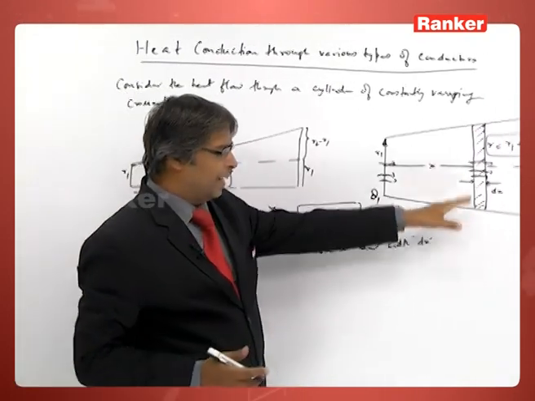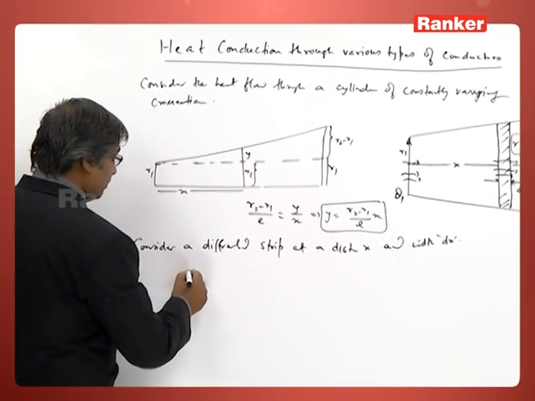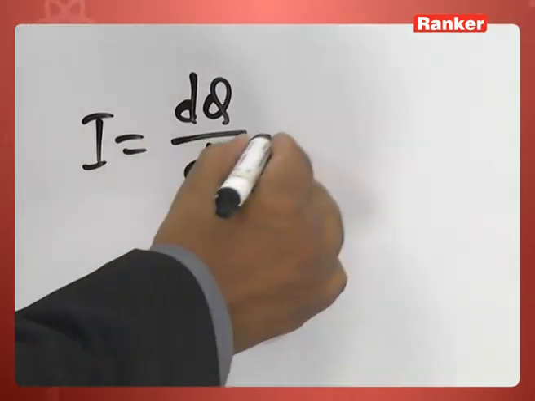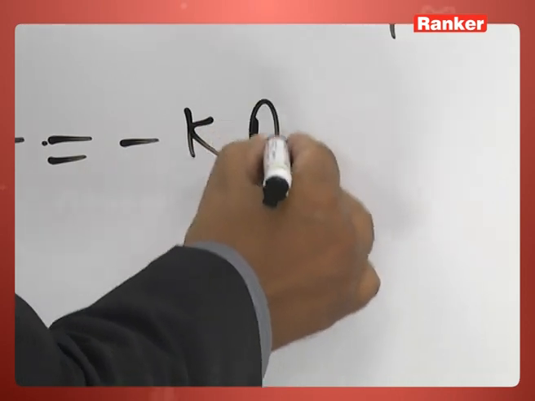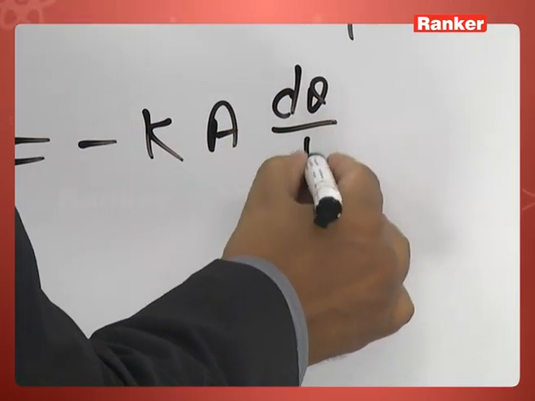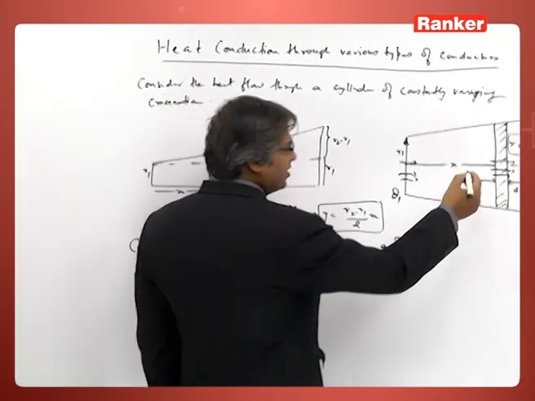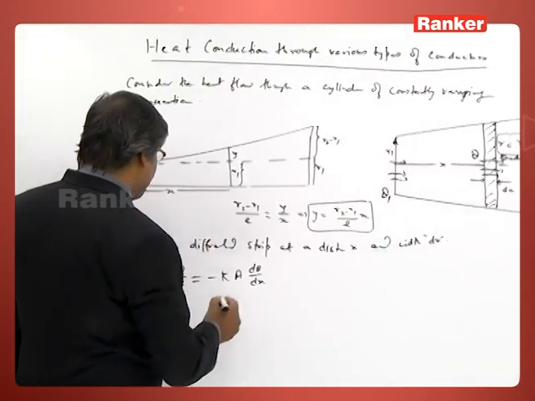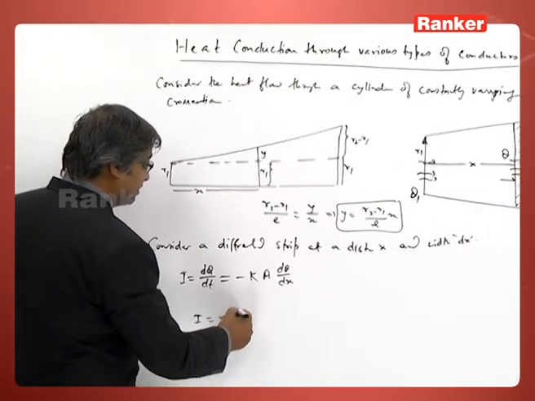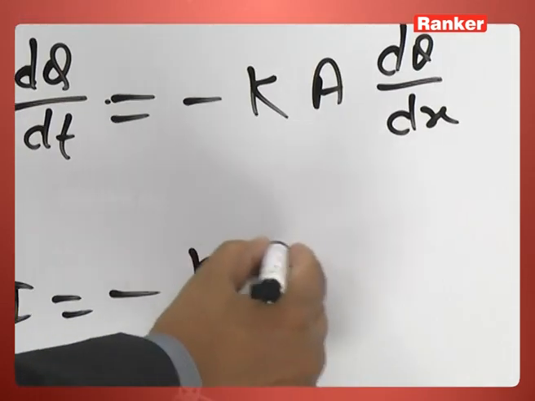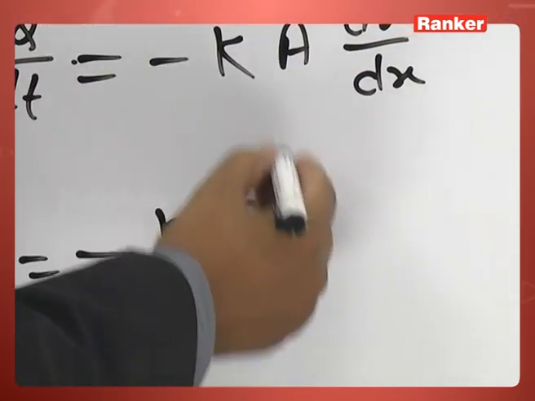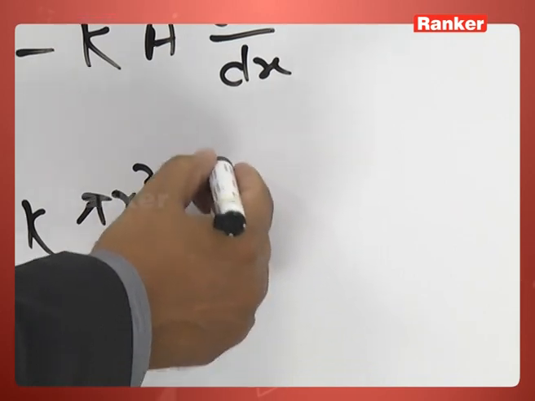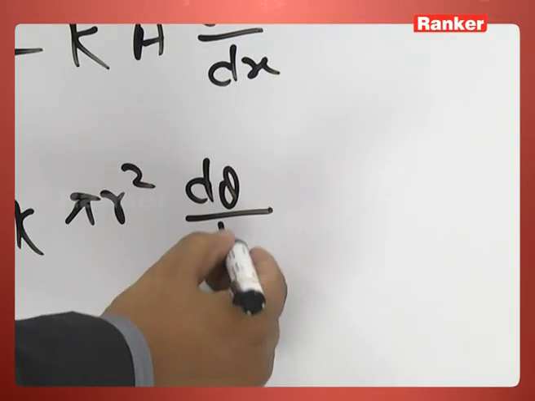So, now let us apply the conduction formula: dQ by dt, the thermal heat conduction, is minus k into d theta by dx. Let this side the temperature be theta and this side theta plus d theta. So, we have I, that is minus k, area means pi r square, into d theta by dx.